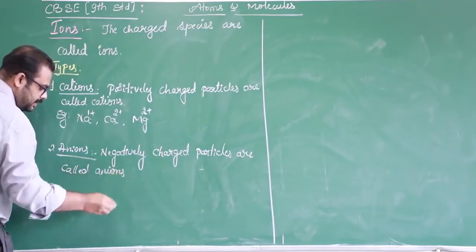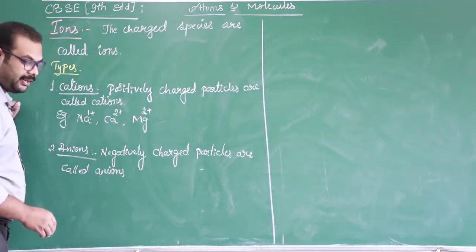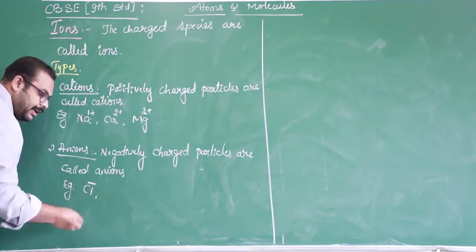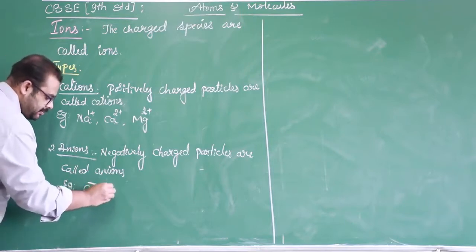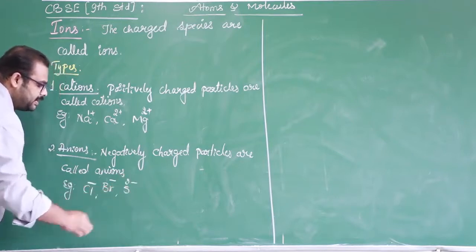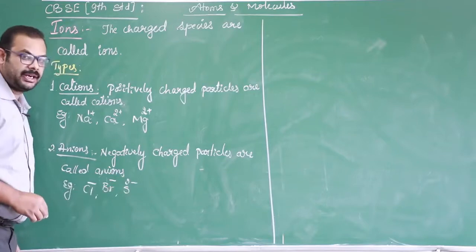For example, Cl-, Br-, S2-. So these are examples of cations and anions.